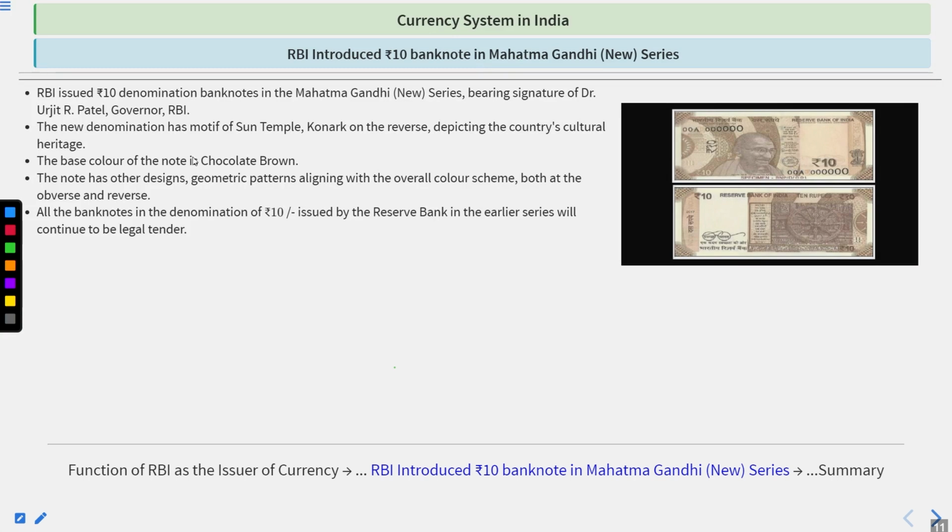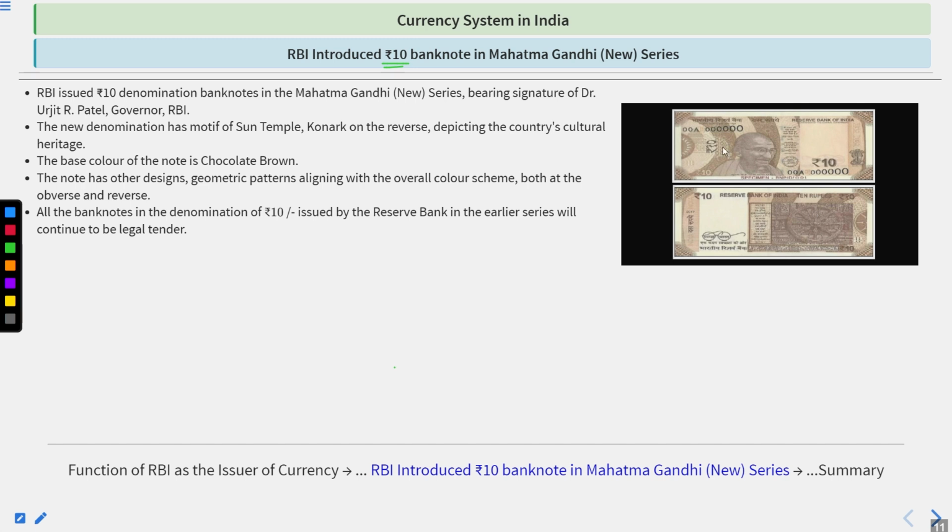Here we can say RBI introduced the 10 rupees banknote in the Mahatma Gandhi new series. RBI issued 10 denomination banknotes in the Mahatma Gandhi new series, bearing the signature of Dr. Urjit R. Patel, who is the Governor of the Reserve Bank of India.